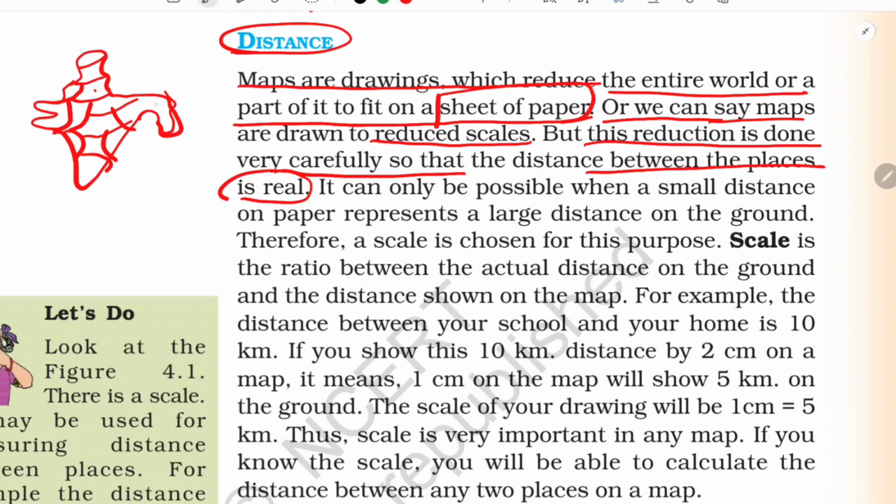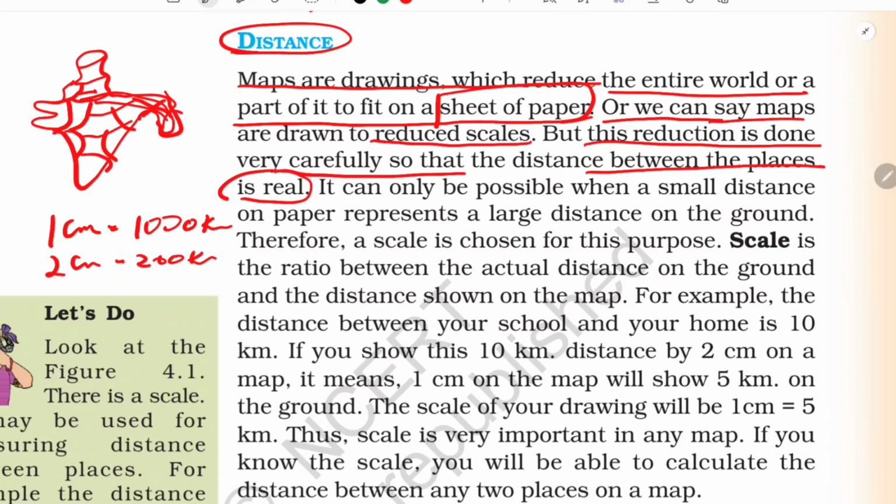Because practically, the distance from one of the northeast states to Delhi is more than 2000 kilometers, isn't it? But in this map it is not possible for you to draw around 2000 kilometers. So what they will do, they will just represent 1 centimeter equal to 1000 kilometers. In that way they will be scaling this map. That means 2 centimeters will become 2000 kilometers, isn't it? So from here to here they will show you as 2 centimeters.